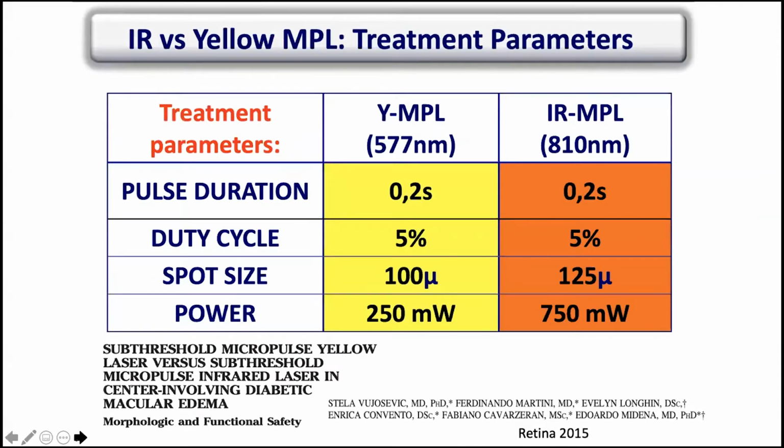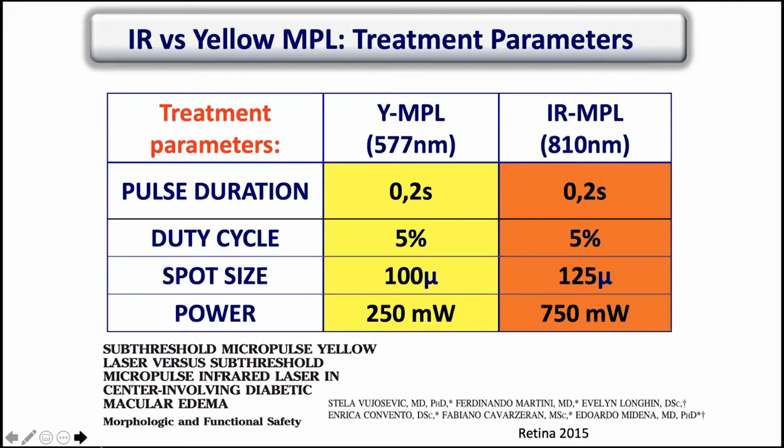So several years ago, when we compared the 577 nanometer subthreshold micropulse laser versus infrared 810 nanometer subthreshold micropulse laser using the fixed parameters that you can see in this table, we found completely the same results as far as the efficacy and also the safety was considered in diabetic macular edema.